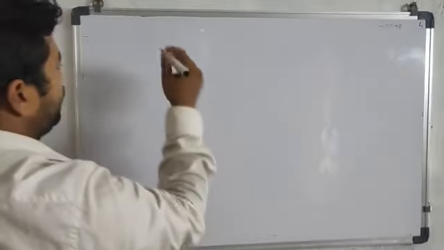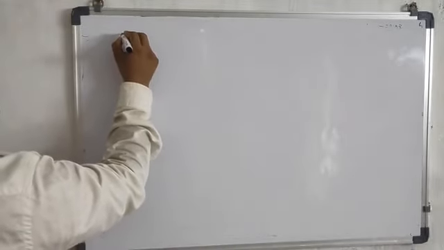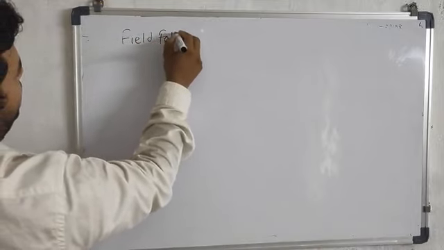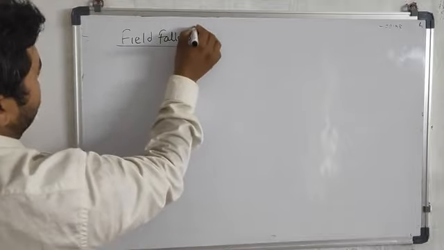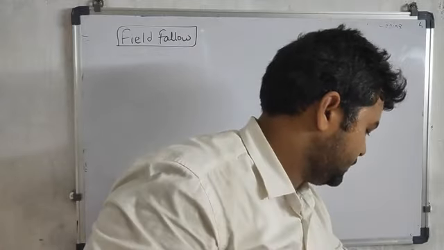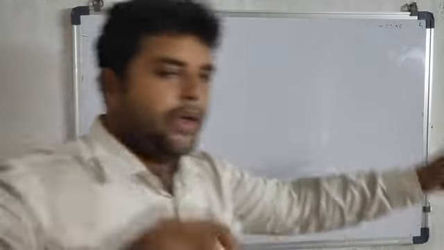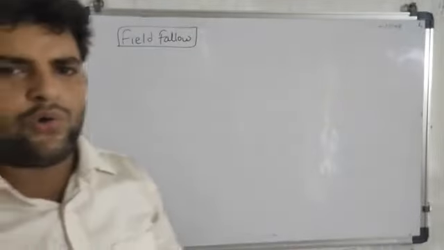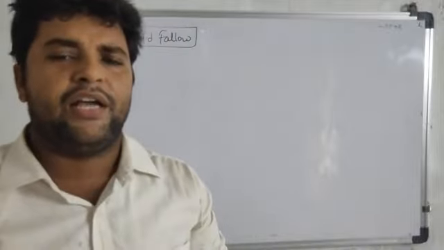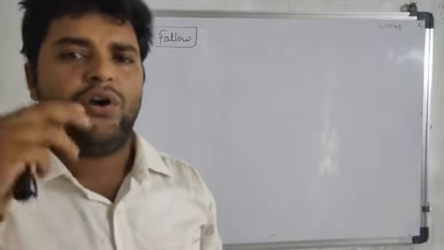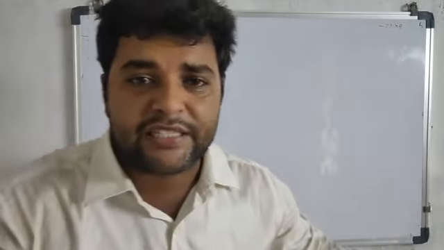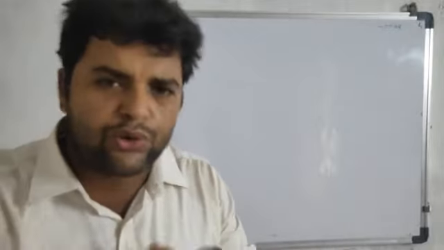Now we are going to discuss the first natural method, that is field fallow. Field fallow is a method in which we generally leave the land for one or two cropping seasons so that it can regain its nutrients.